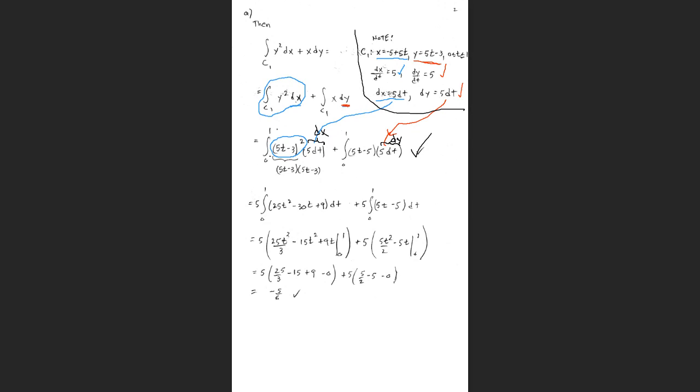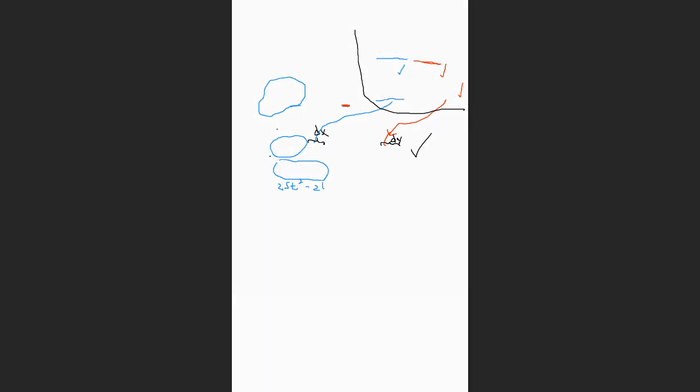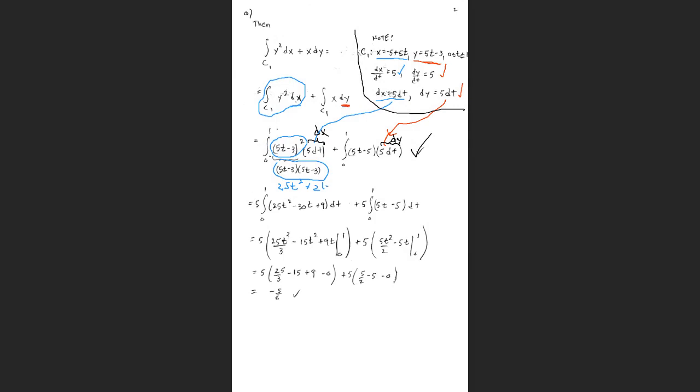That's 5t minus 3 times 5t minus 3. That'll get you 25t squared plus 2 times -3 times 5t plus -3 squared. And that's going to get you 25t squared minus 30t plus 9.